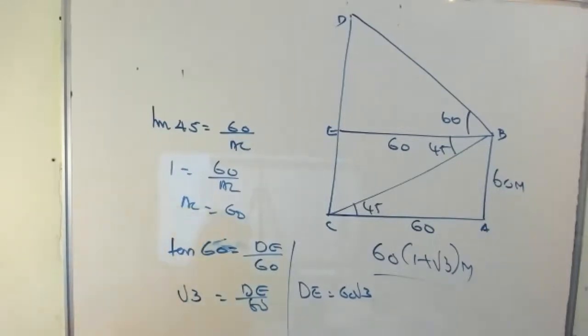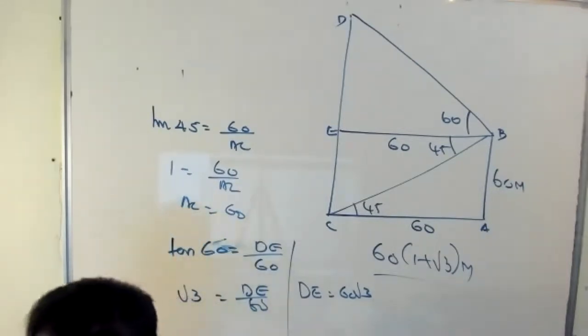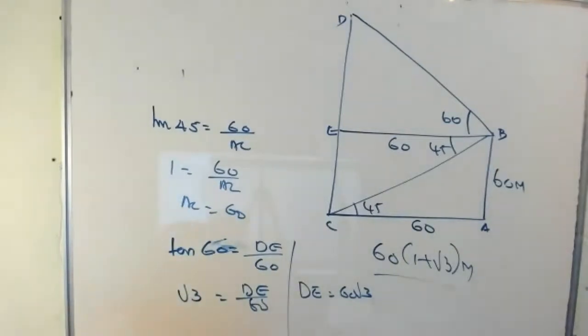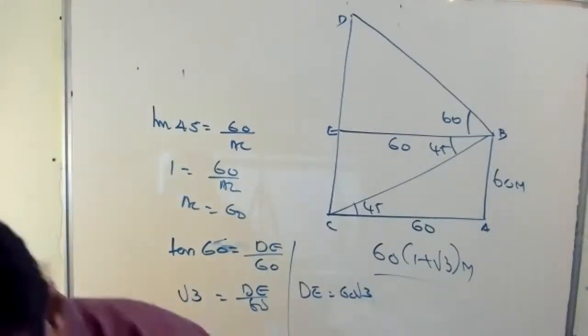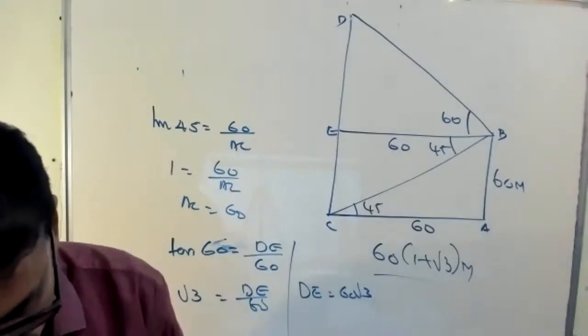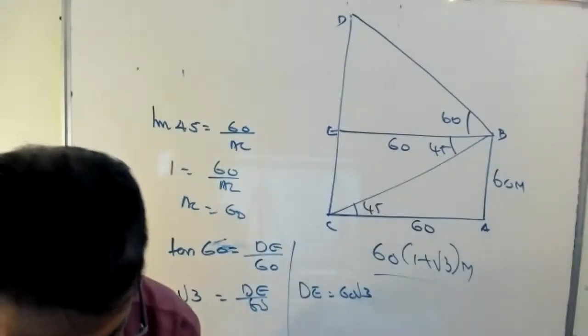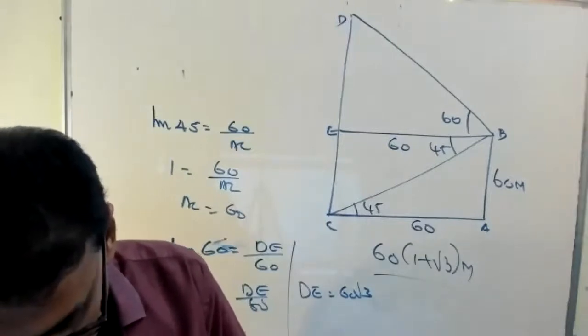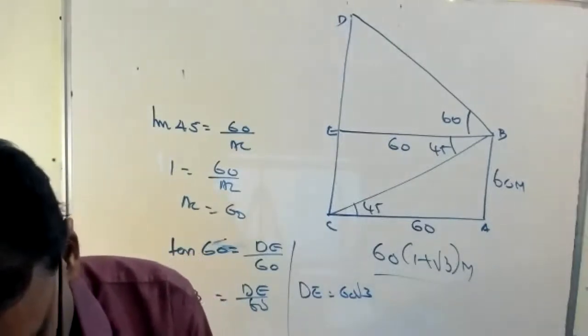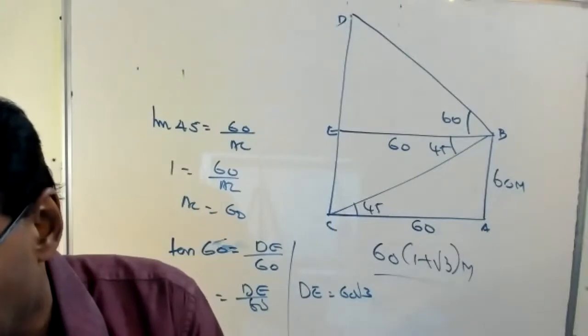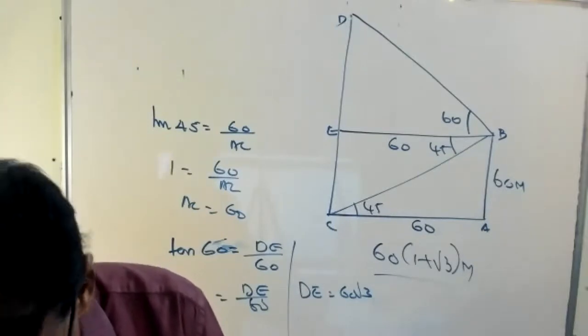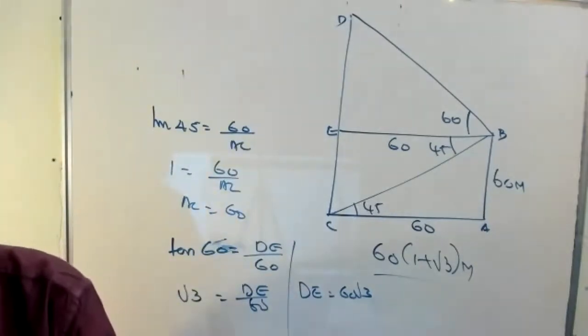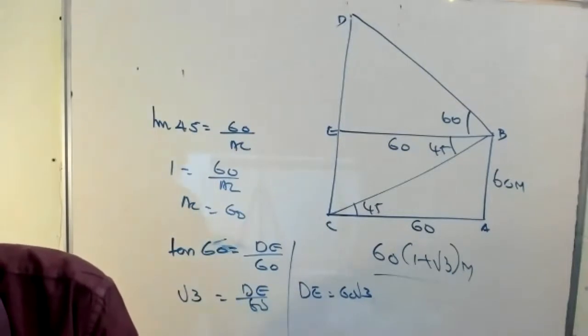The angle of elevation of a jet plane or aeroplane from a point A on the ground is 60 degrees.